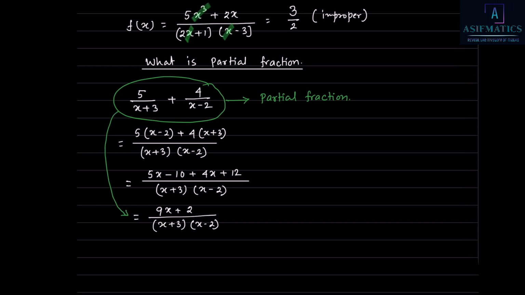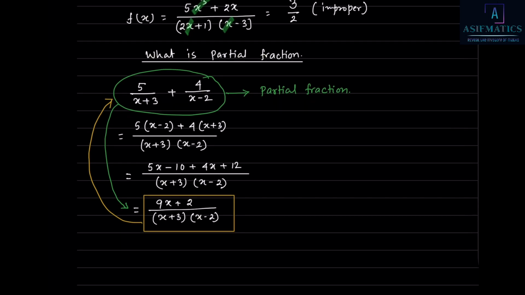Now, if we have this function, how can we go back to this breakdown? If we have this function, how can we go back to the partial fractions? That is the target of this chapter. You already know the first part.